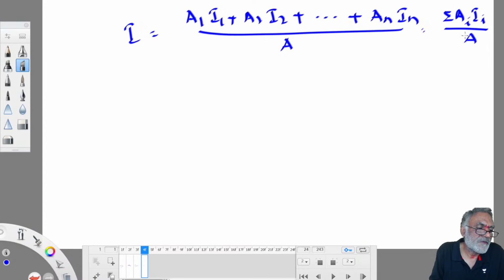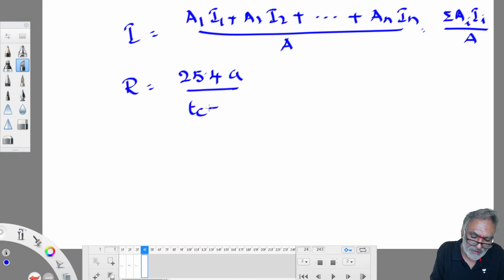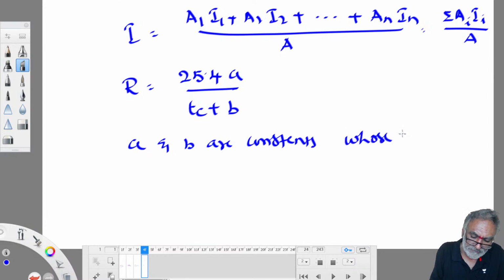That will give I value, and R value we work out by using equation 25.4 A by (TC plus B). So in this, A and B are constants whose value depends on duration of storm.